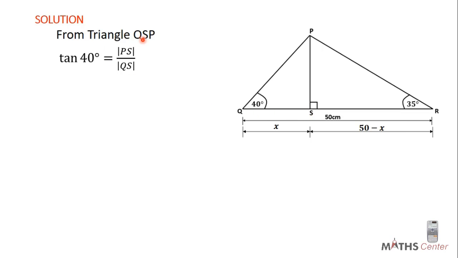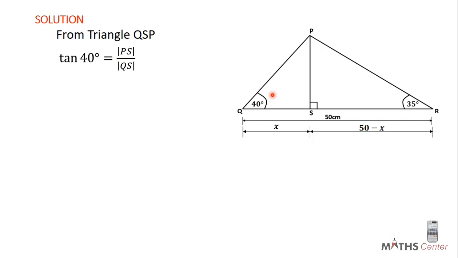From triangle QSP, so we are first considering this right angle triangle, we can see that tan is equal to opposite divided by adjacent.